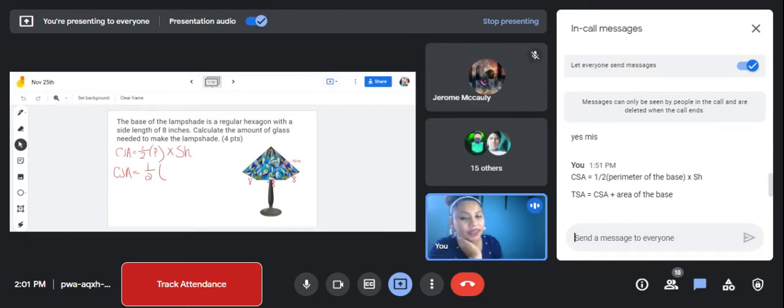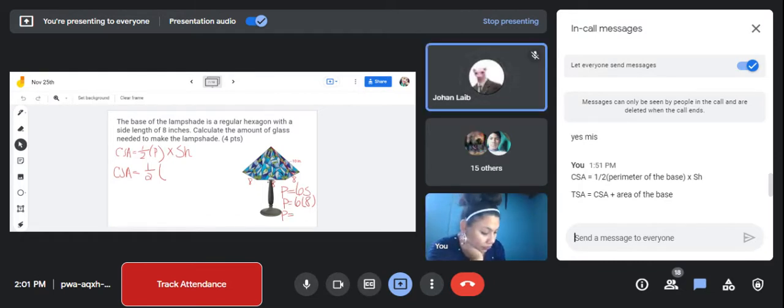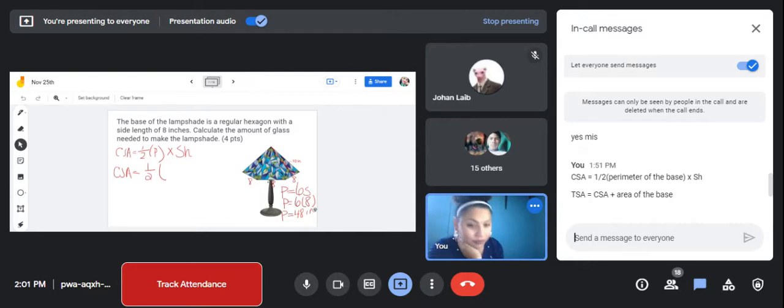Very good. If a shape has six sides and all sides measure the same, I just take one side and multiply it by 6. So what is 6 times 8? 48, miss. Very good, and in this case, inches. So I'm going to put 48 here.